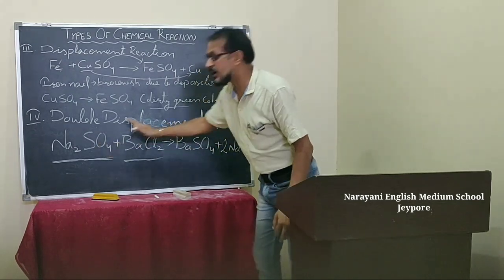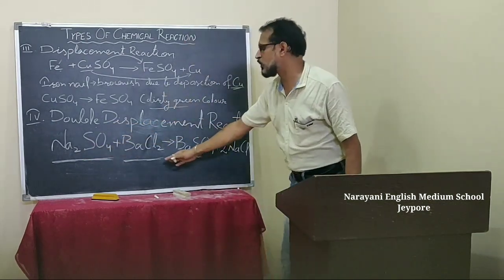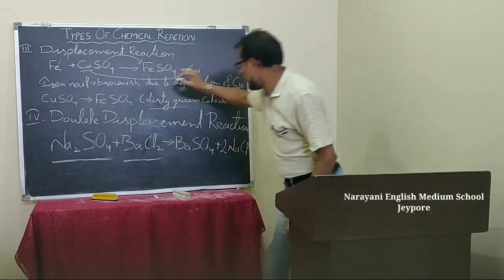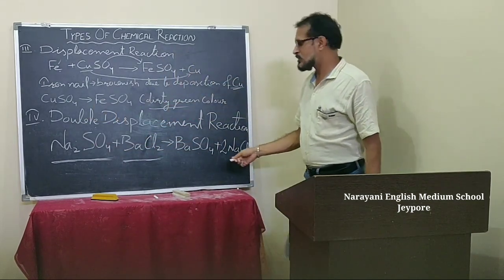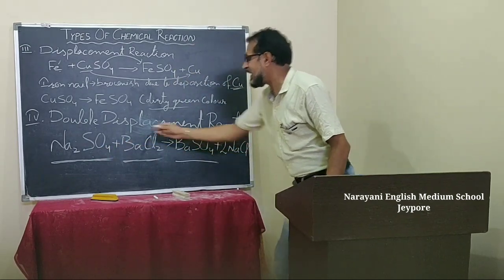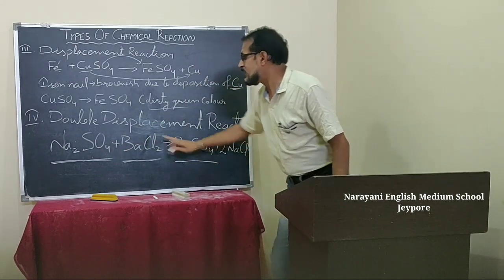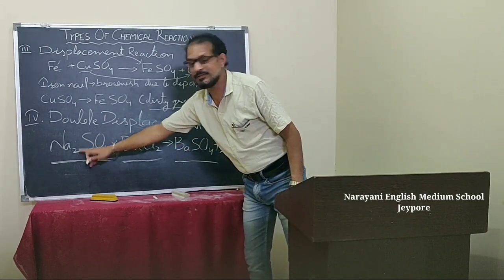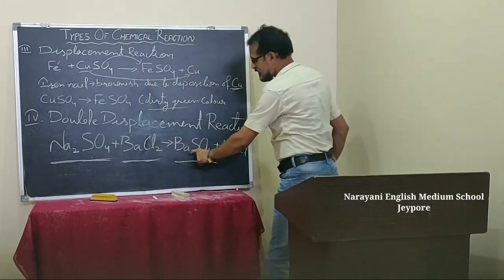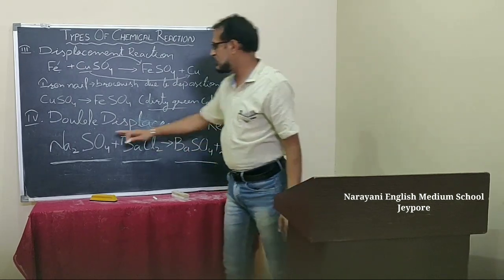Now when sodium sulfate and barium chloride react with each other, these two will exchange. See, Na2SO4 became BaSO4. That means barium came over here and took the place of Na2. So barium is much more reactive with sulfate.